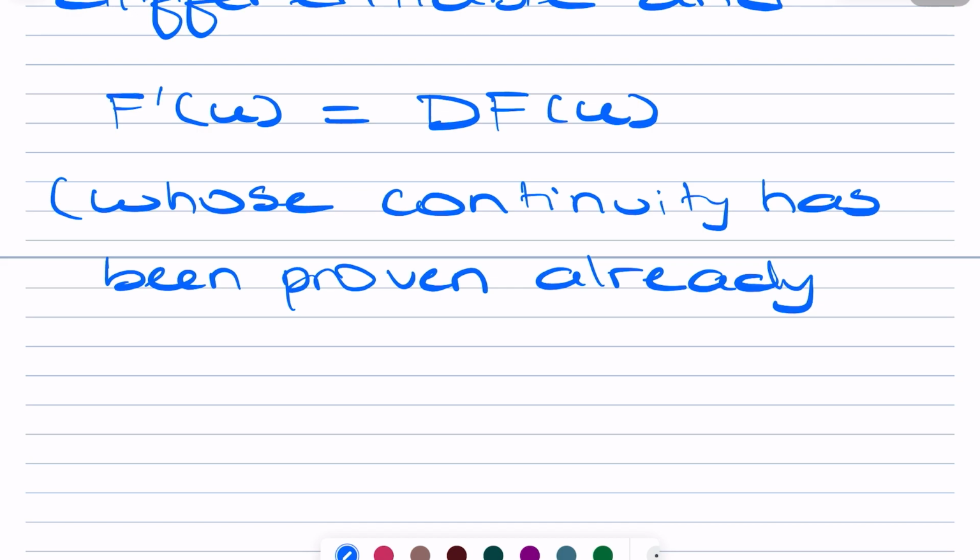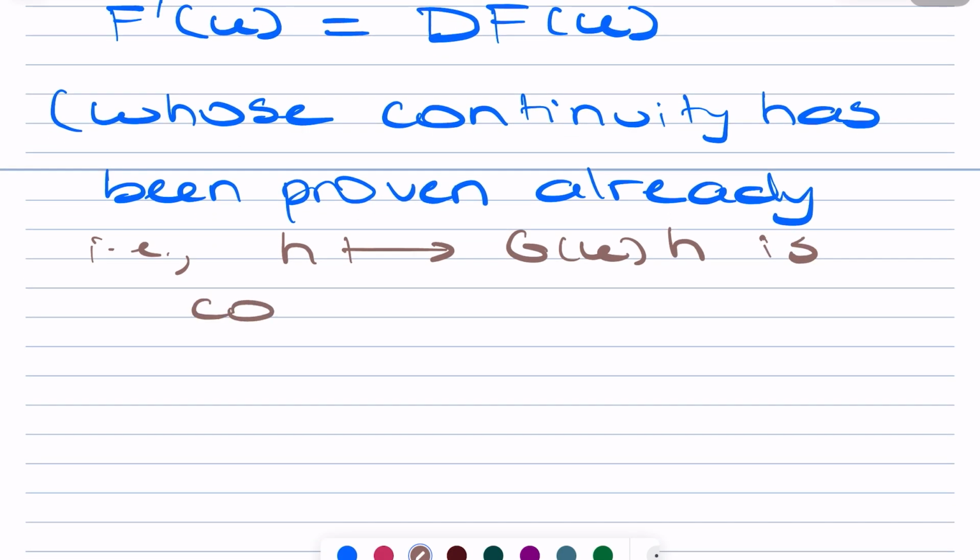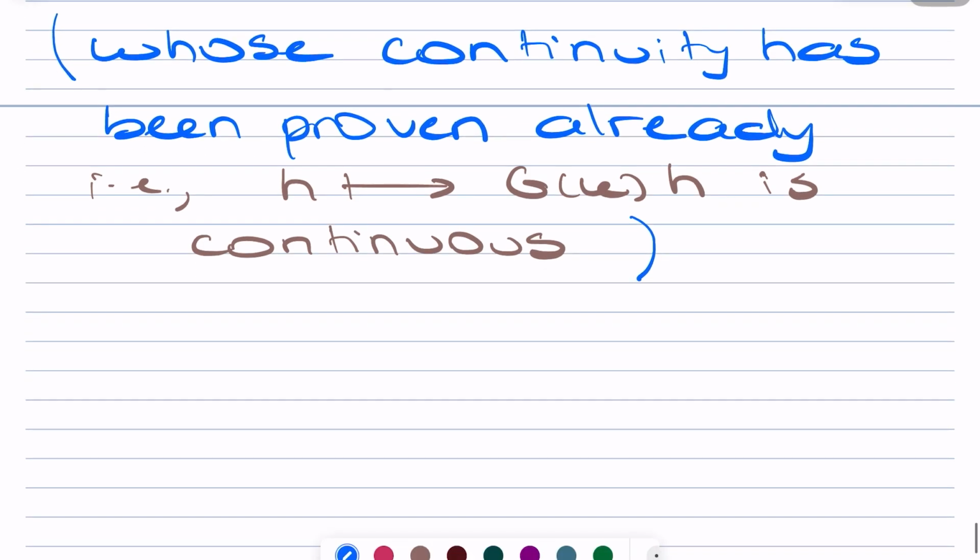I proved that the map which associates to h the derivative at u of h is continuous, since we saw that it was a linear bounded operator. So it's continuous. Nice. So this is actually the end of the proof.